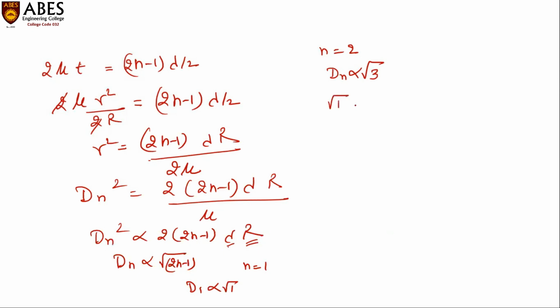Similarly, we have root 5, and so on. So we can write that the diameters of the bright rings are proportional to square roots of the odd natural numbers.